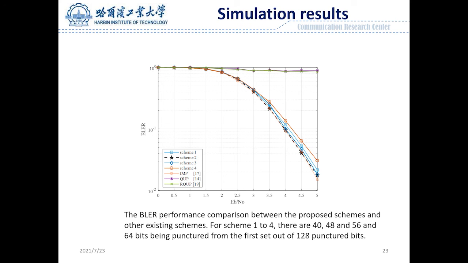This means these two puncturing schemes cannot fix the position when the polar codes have fixed information sites.